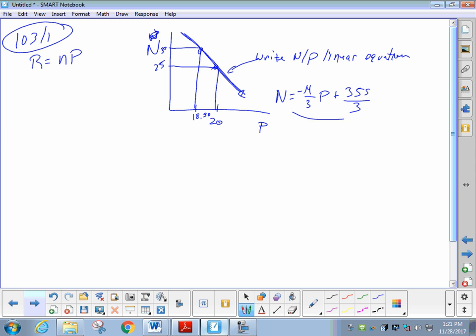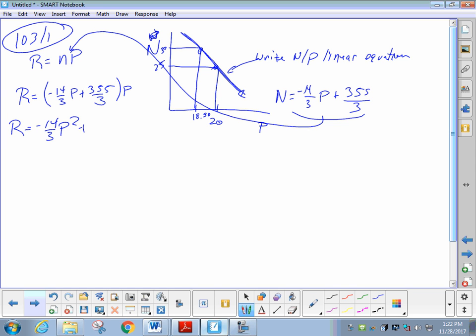Okay, now with that, you have the equation down to 2 variables. You can start to maximize revenue. I distributed, and then I took the derivative. So I got something like negative 28 thirds p plus 355 thirds, and I want to know where this is 0 or undefined.